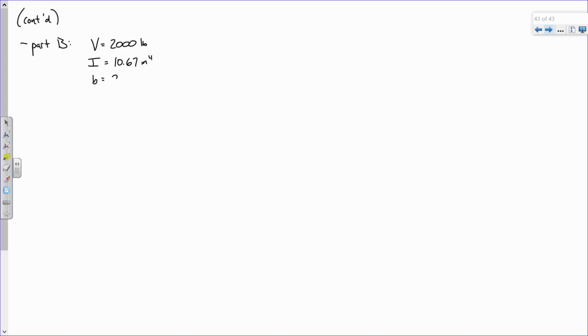Our B is still 2 inches. And as for Q, here's the beam. How tall is the beam again? That's 4 inches. So this is 2 inches.